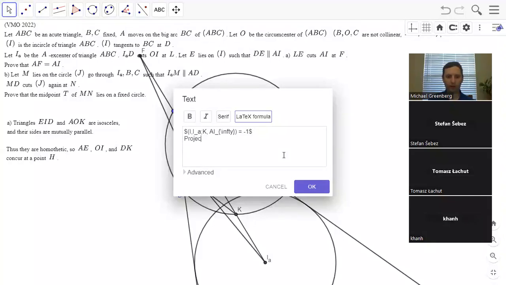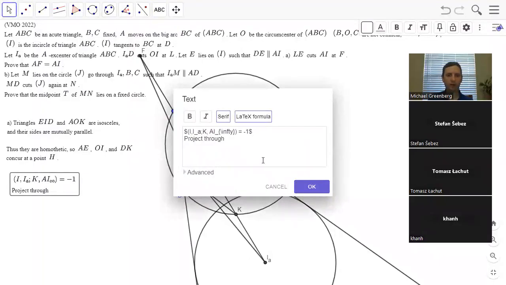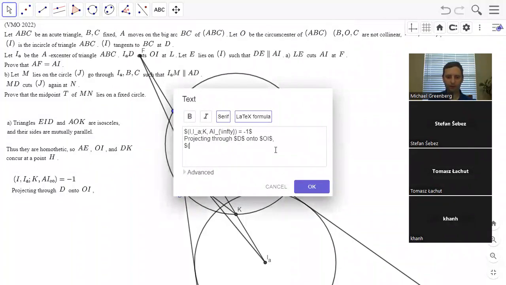And then we project through D onto OI. Then we get (I, L; H, P) is -1.